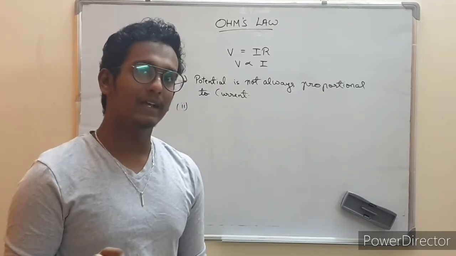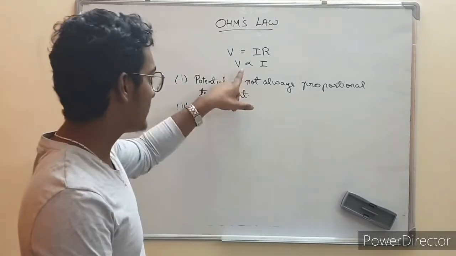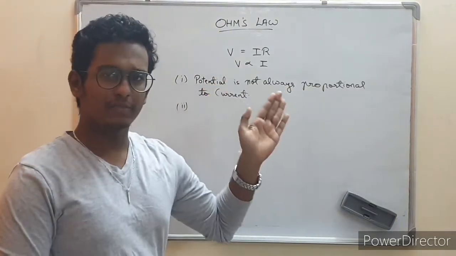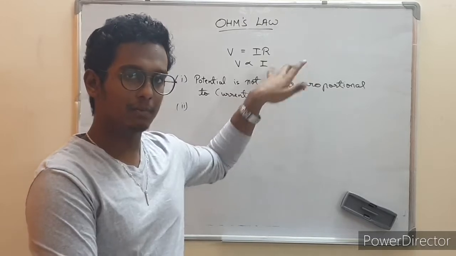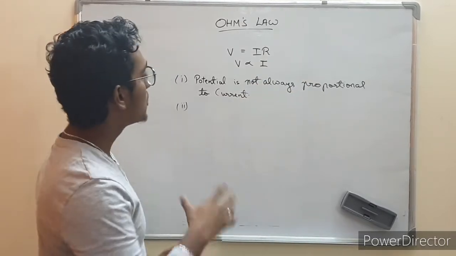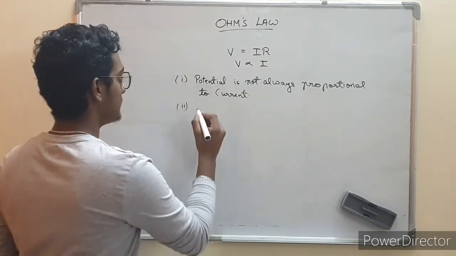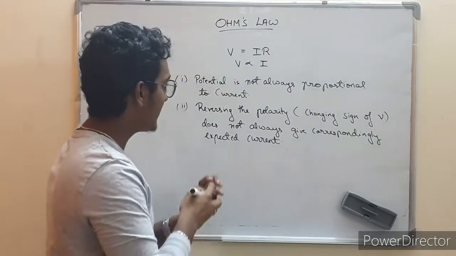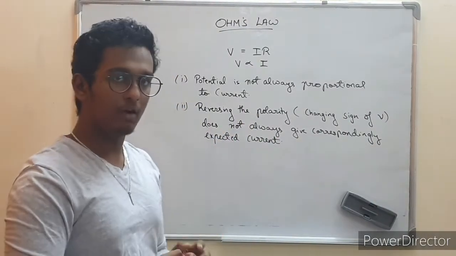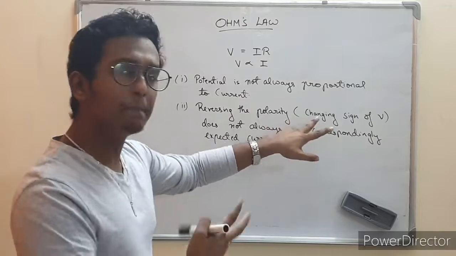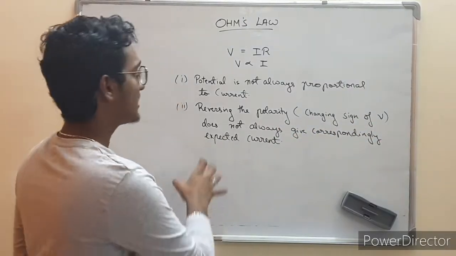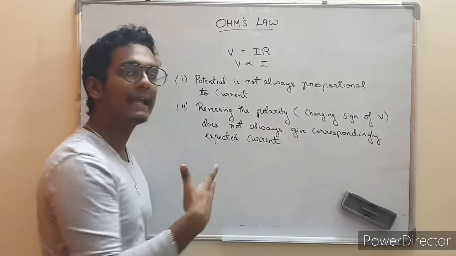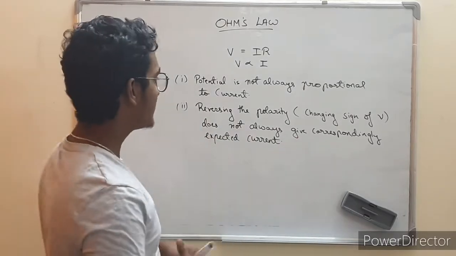When you reverse the polarity, the current changes, and that is a violation. If the voltage is made negative and the magnitude is kept the same, the same should apply to the current, but that's not what we observe. So the second point is that reversing the polarity of the voltage, changing the sign from positive to negative or negative to positive, does not always give the correspondingly expected current.